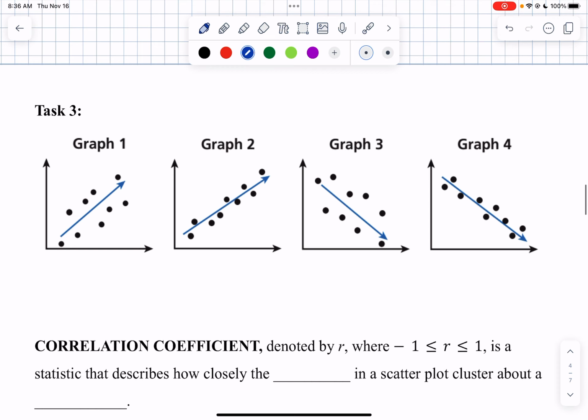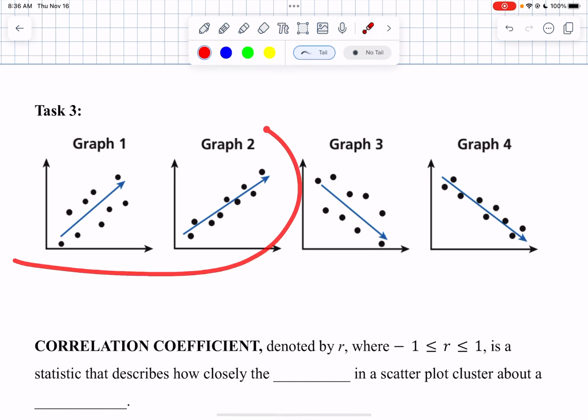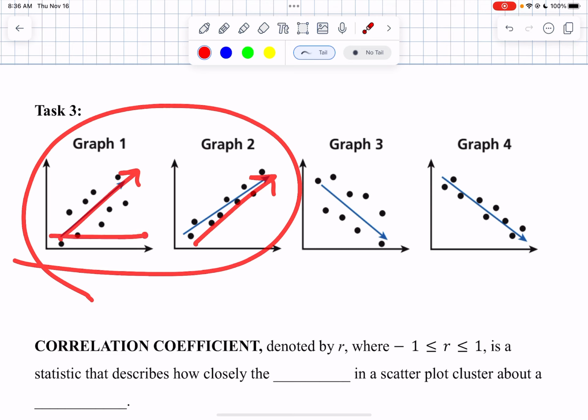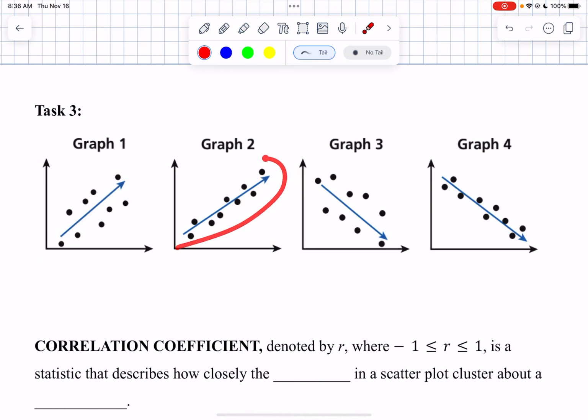So here we have some different types of correlation. If you notice, both of these are positive. Graphs 1 and 2 are both positive. They go up from left to right. They're positive correlation. As x gets bigger, so does y. But if you notice, these points are all really close to this line in the middle, whereas these ones are farther away.